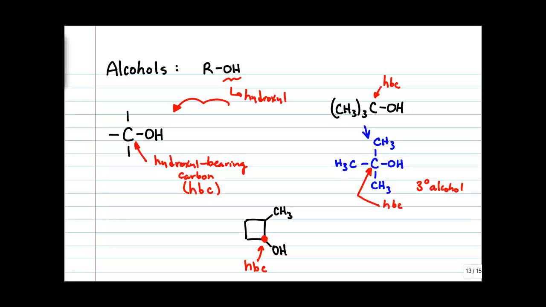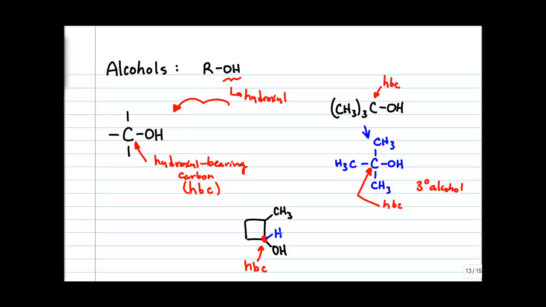One thing you might want to do is add any hydrogens that need to be added. Going from a skeletal structure to a fully revealed structure, you have to add hydrogens. Since there are only 3 bonds shown to this HBC, you know there's a hydrogen attached there.